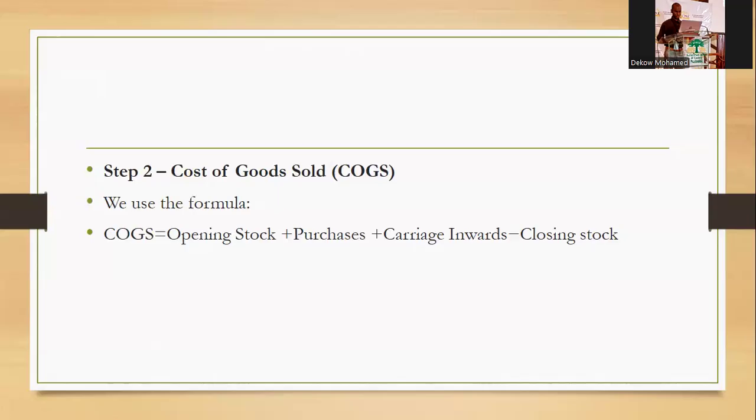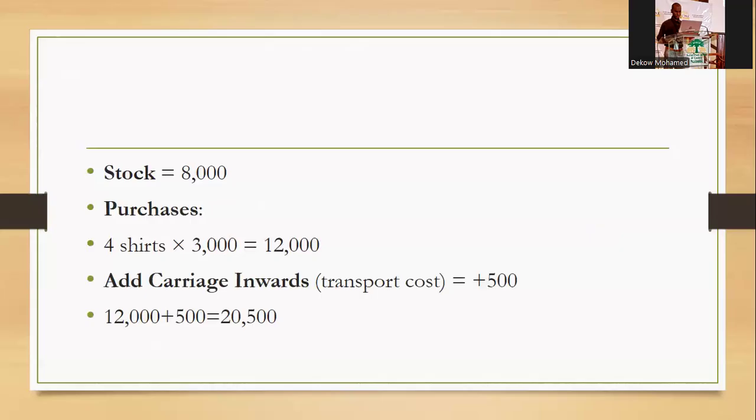Before we subtract the closing stock, we need to subtract the return outward if it was there. If we have purchase returns, you have to subtract them from the purchases also. So we'll have the opening stock, you add purchases, you add carriage inward, you subtract the return outward, and you also subtract the closing stock.